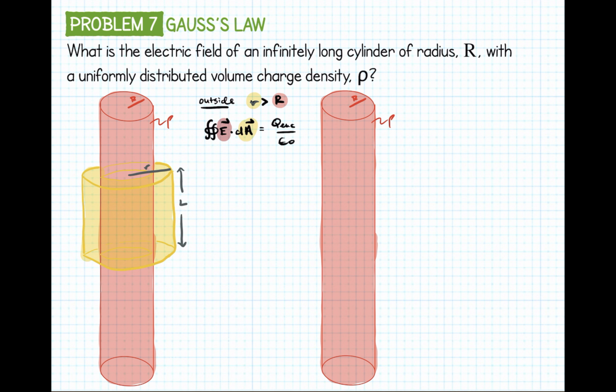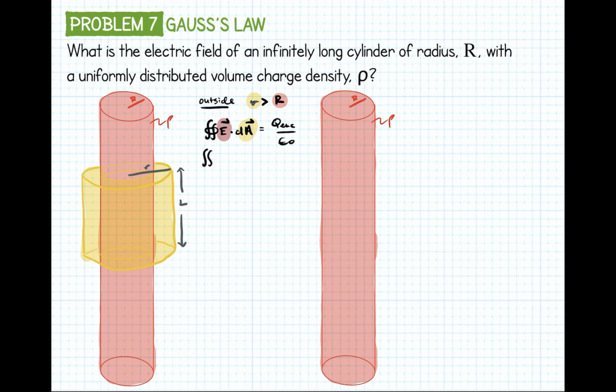We know that just like before, the top and bottom of the cylinder are going to have area vectors that are perpendicular to the electric field vector. So the dot product goes away for the top and bottom of the cylinder. So you can get rid of that. So this becomes just the sides.